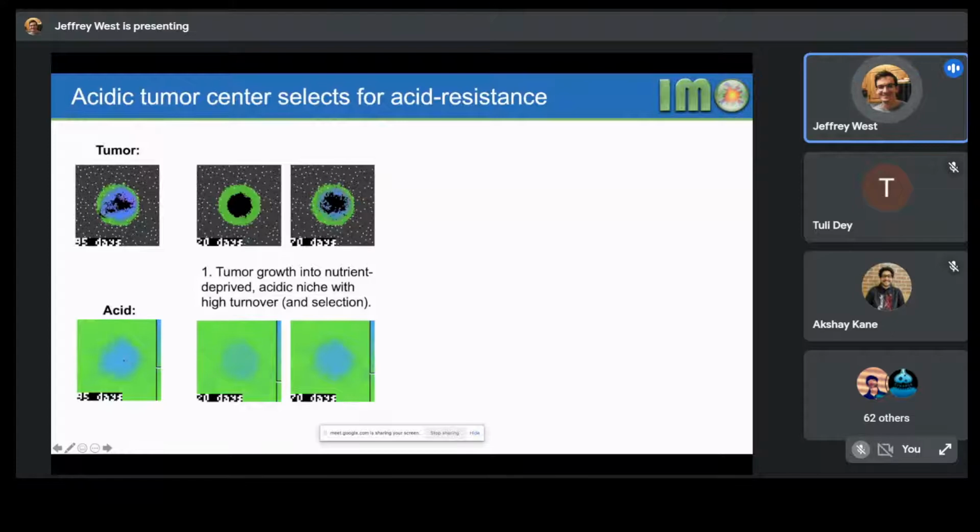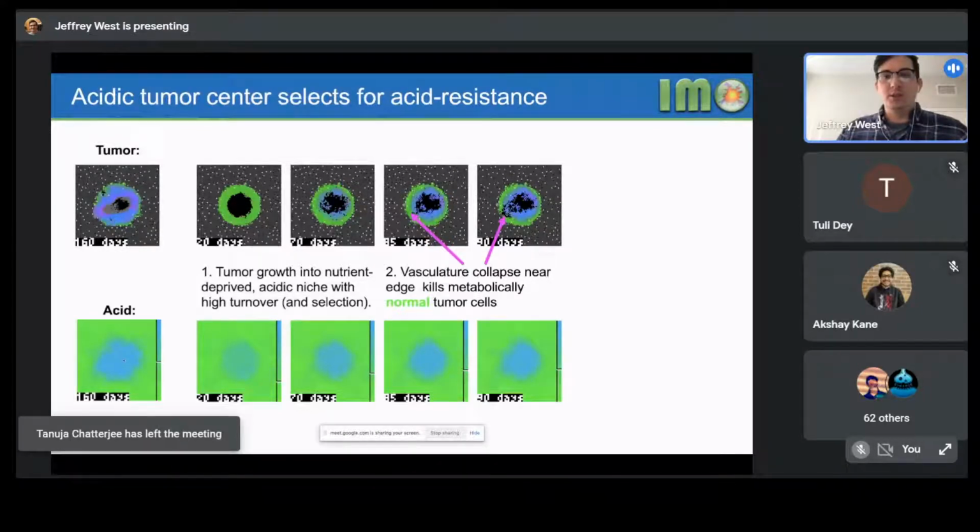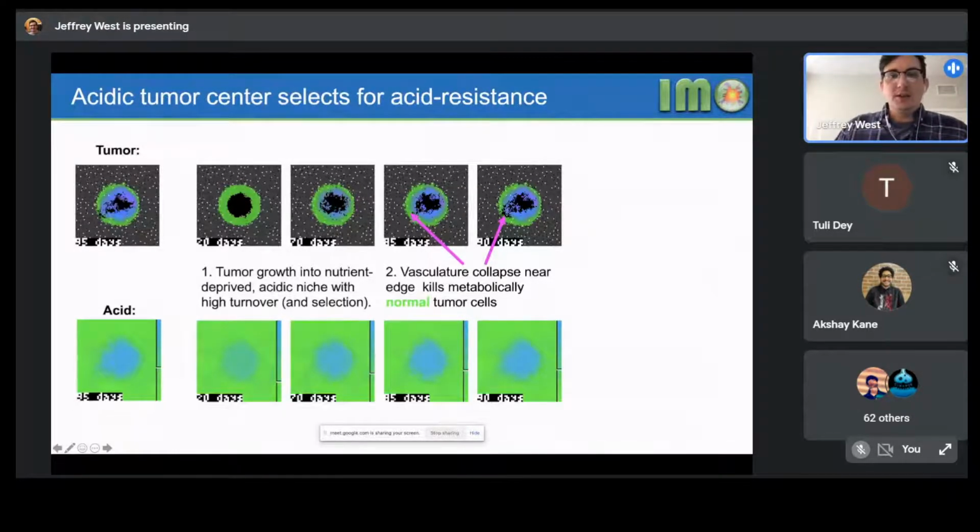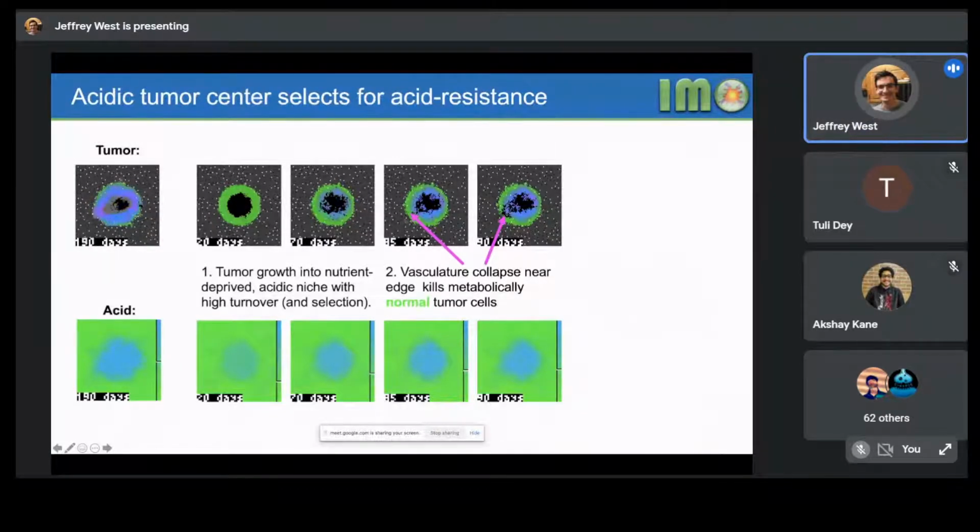And what happens is that acid core is essentially a factory of evolution. These cells are dying at a higher rate because of harsh conditions, but that increases the selection in the tumor. And that is where these aggressive clones are produced in that factory of evolution. And then they have to make their way out towards the normal tissue to be invasive.